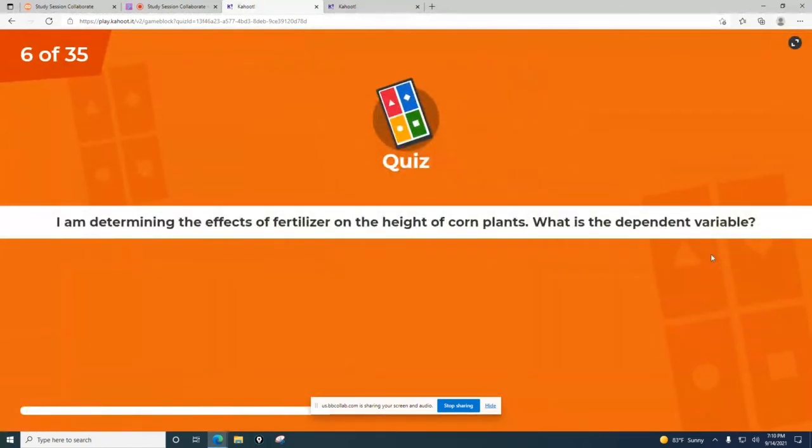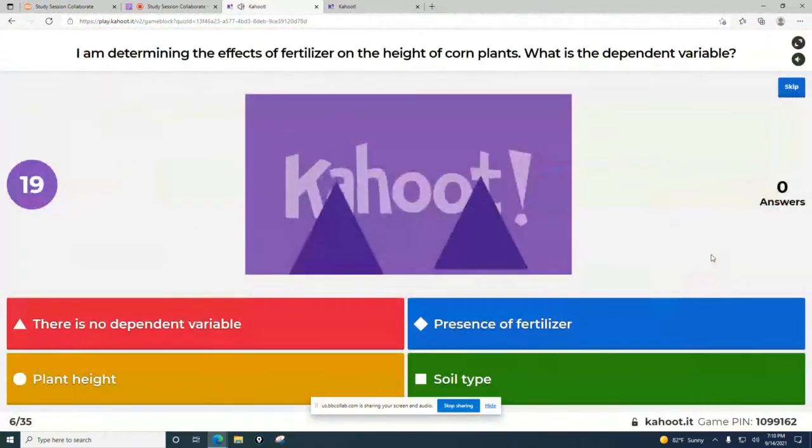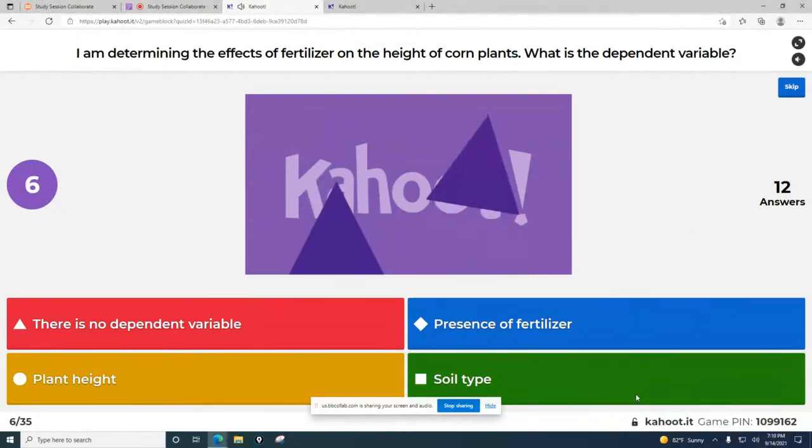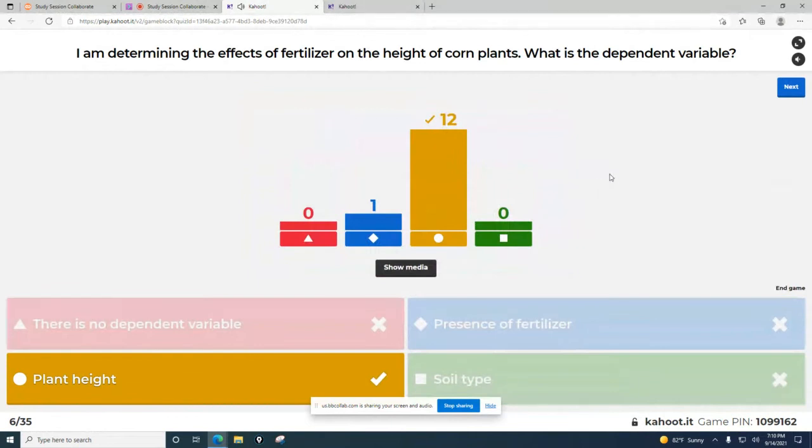Okay. Same thing, but what is the dependent variable in this case? Very good.